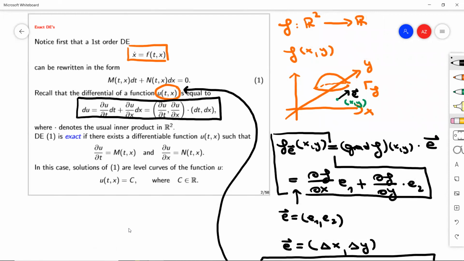Okay, and let's look again at our differential equation of first order. x prime is f of t and x. We know that we can write this x prime as dx over dt. And then if we introduce this dx and dt, this first order differential equation can be rewritten in this form.